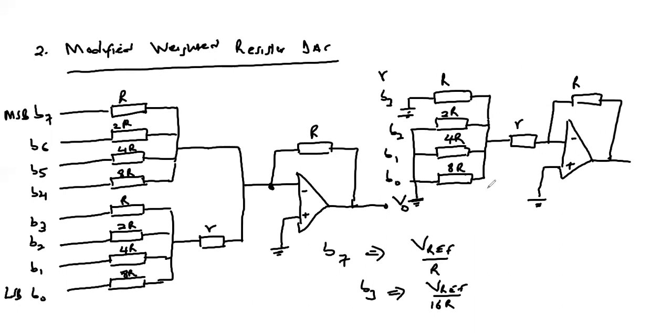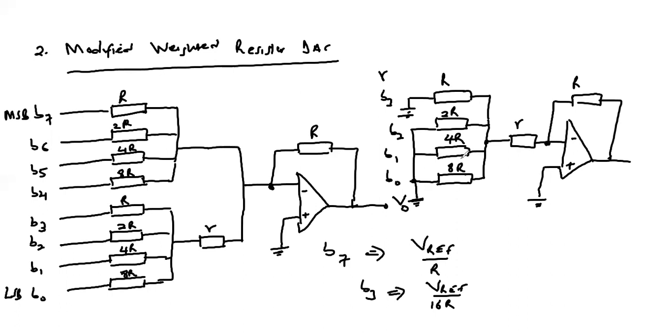Now, with that in mind, we can consider the current contribution due to bit 3 alone in our reduced circuit. You notice that resistors 2R, 4R, and 8R are in parallel because they share this point, and also because they are grounded, they share a common point. The positive terminal of the operational amplifier is grounded, and therefore the negative terminal would also acquire a virtual ground.